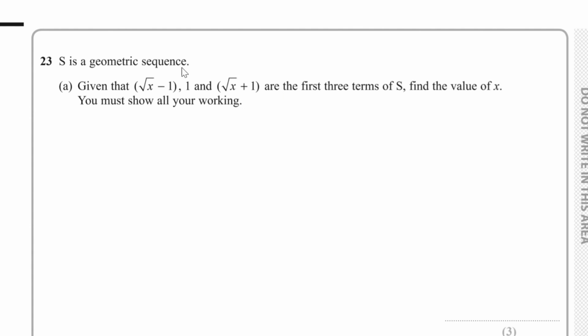With a geometric sequence, of course, this is of the form un equals a, the first term, multiplied by r to the power of n minus 1. And a over here is the first term, and r over here is the common ratio.